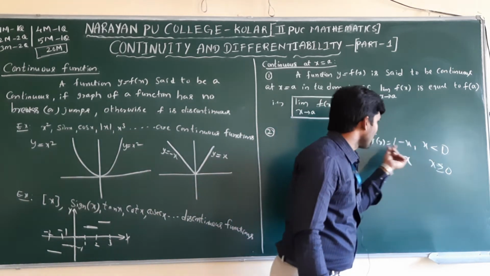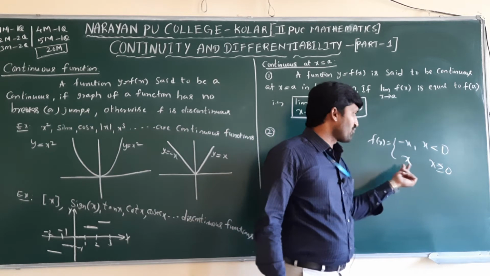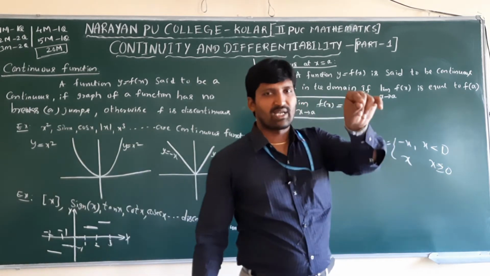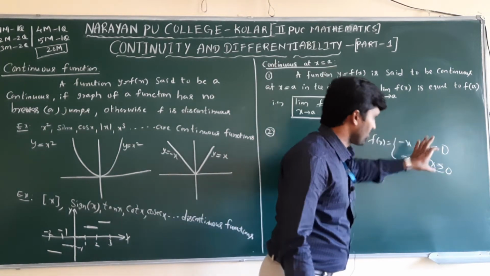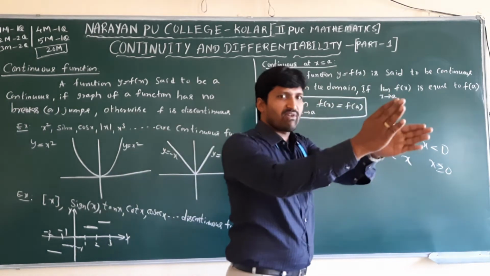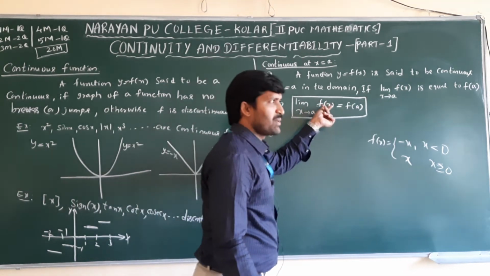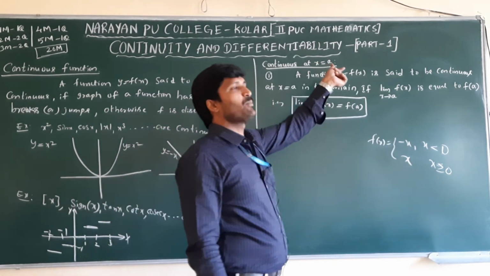At less than 0, what function is defined? Minus x. For greater than 0, what function is defined? Plus x. That's why in this type of condition, when less than or greater than is not given, generally we will just check with the function given. That's why you will use this basic formula. Now this is the basic formula for continuous at a point.